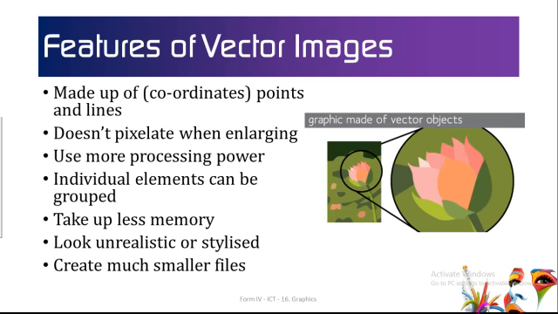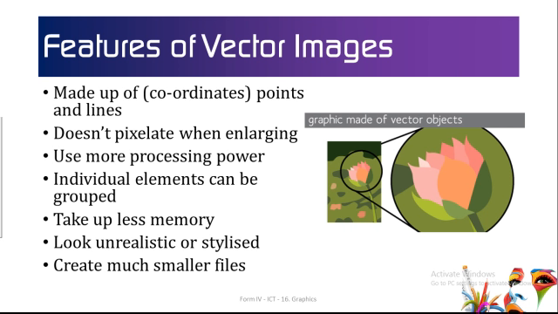Then, what are the features of vector images? That means unrealistic pictures drawn by computer programs. These are made up of points and lines. Doesn't pixelate when enlarging. You can see in this picture also, when resizing the picture, it doesn't pixelate. Use more processing power. When designers work with these graphics, their computers use more processing power.